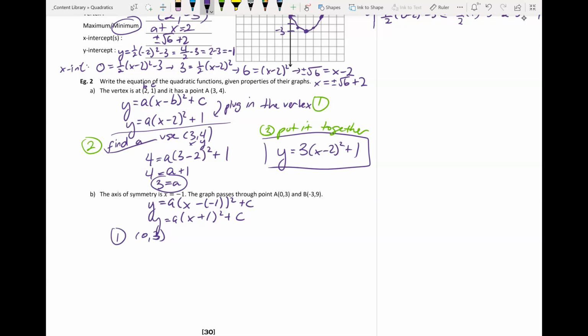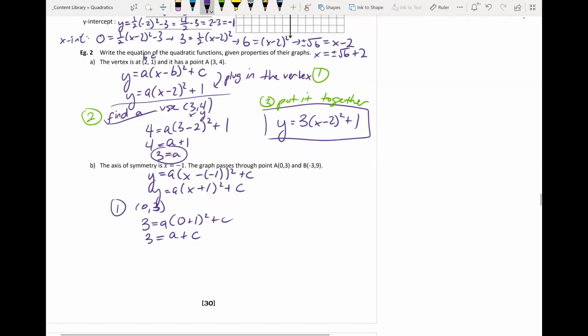0 is my x value, 3 is my y value. I still don't know what c is. Now I'm going to just simplify this a bit. Okay, so that's what we have. Now I'm going to do the same thing for our second point. Just plug in our x and y value.